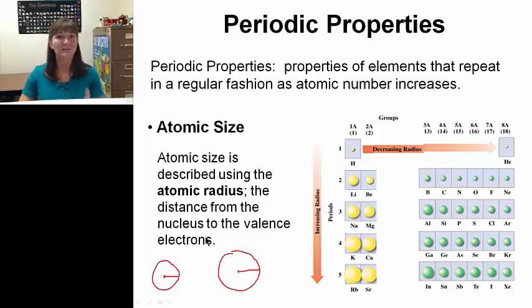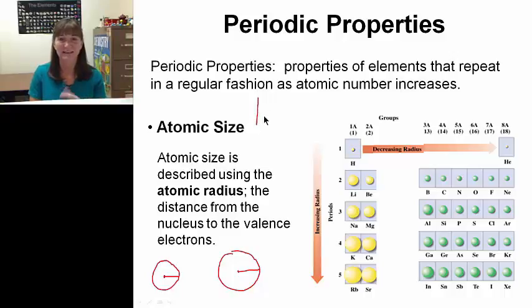So, but you want to memorize the trend. You want to memorize that as you move from left to right, the radius decreases, and from top to bottom, the radius increases. Okay, I'm actually going to see if I can grab something else. It's totally fine if you memorize this trend. I'm going to show you how my brain prefers to have it memorized. I tend to like to keep the thing I'm focusing on the same.